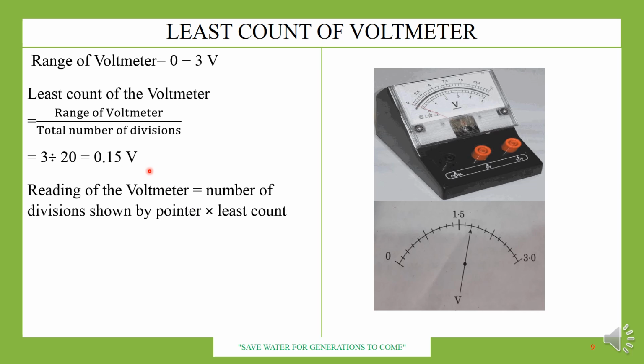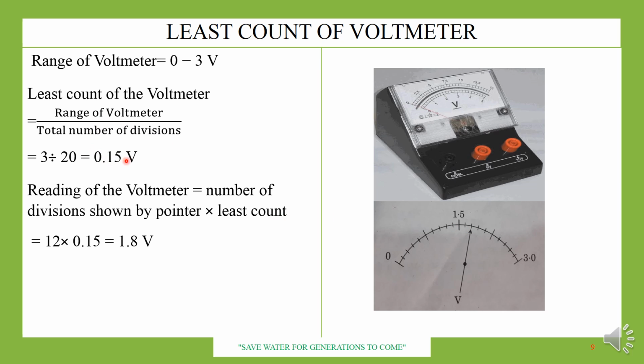Now try to solve it. I am giving you some time. Yes, some of you must have done it. Now how much does it come out to be? 12 into 0.15. 12 means 5 plus 5, 10, and these 2, 12.